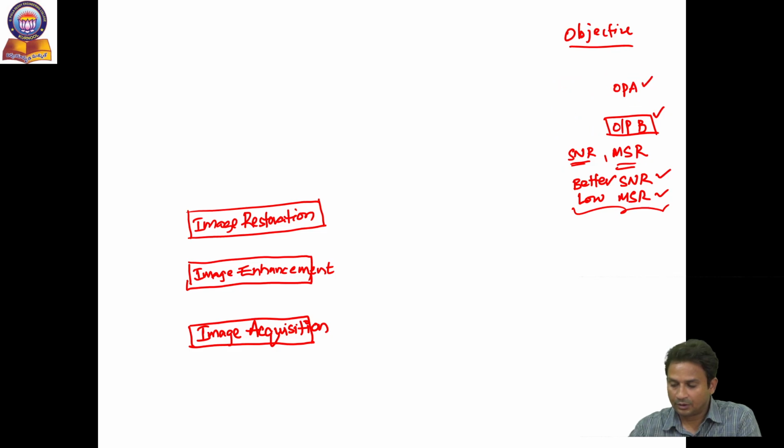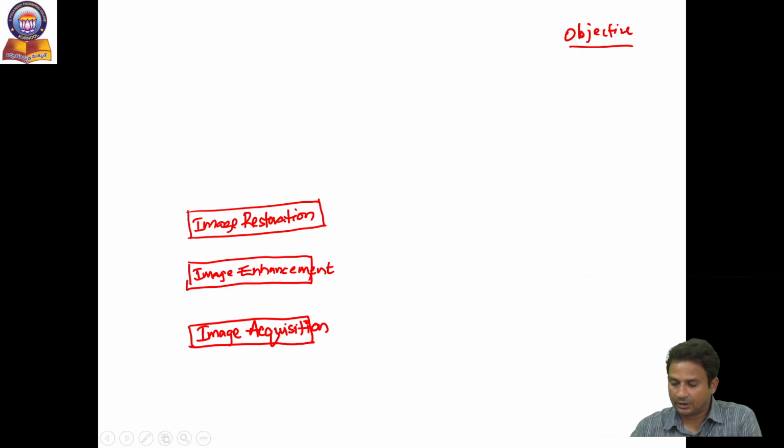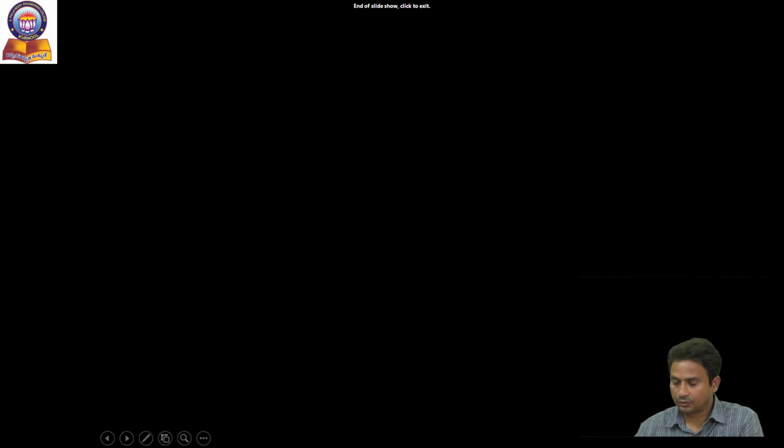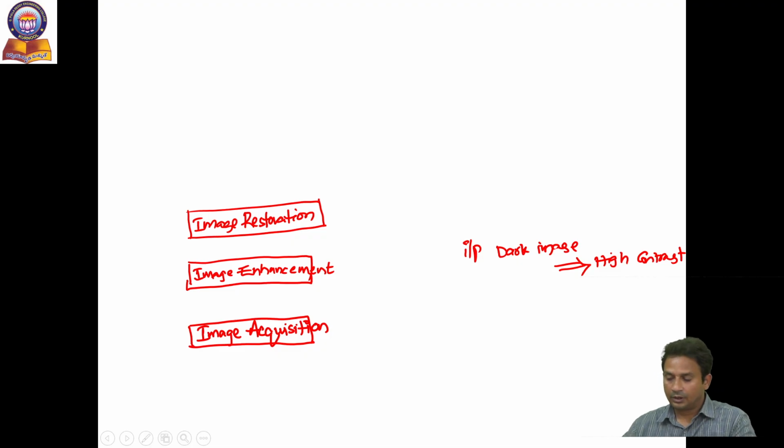In both cases, image enhancement and image restoration work to improve the appearance of the image. Let us take simple examples of where they will be used. For image enhancement, if the input is a dark image, we'll apply an image enhancement technique and create a high contrast, brighter version of the image.